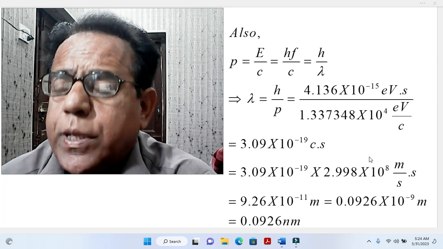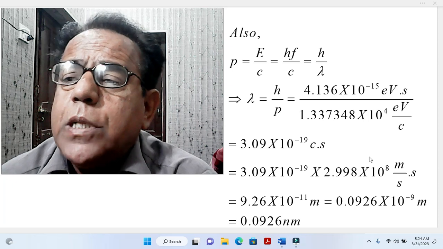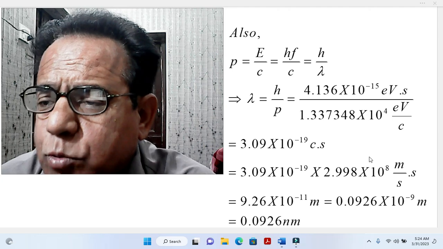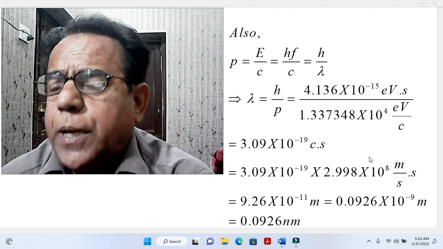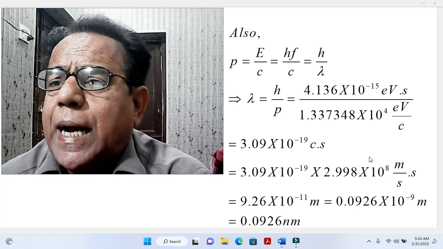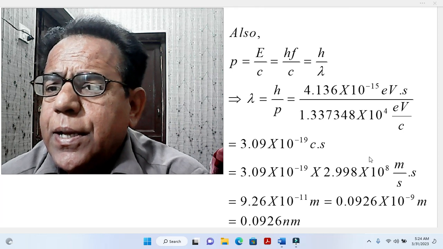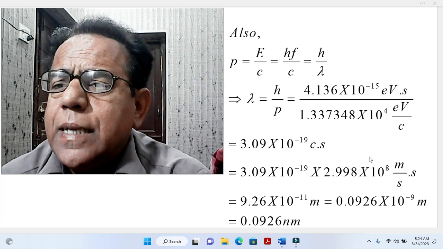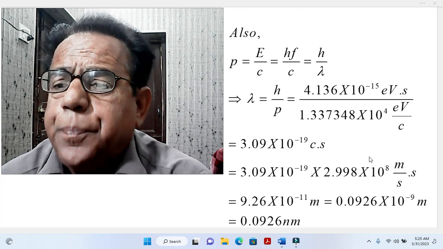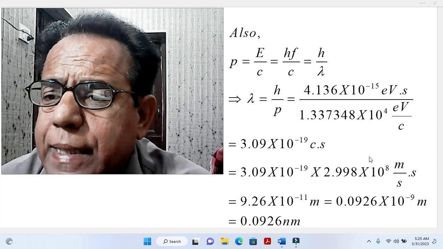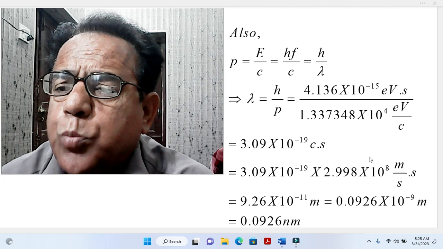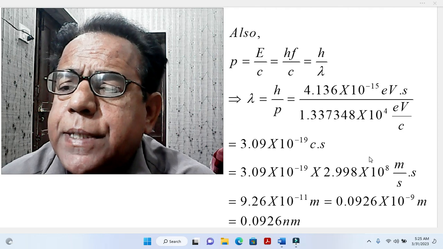We know that this value is also given in a helping tool in the table: 2.998 into 10 to power 8 meter per second. Here second will be cancelled with second, and our wavelength lambda will become only in terms of meter. So our wavelength has become equal to 9.26 into 10 to power minus 11 meter.